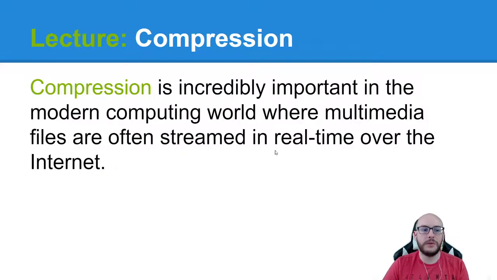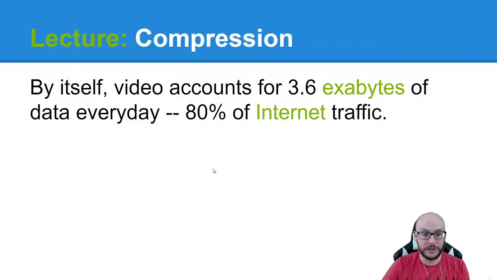Compression is incredibly important in the modern computing world where multimedia files are often streamed in real time over the internet, right? There's no way that I could do this video. The video you're watching right now is compressed. There's no way that you could get the raw data. You would spend too much time downloading it. It's just not worth it. By itself, video accounts for 3.6 exabytes of data every day.